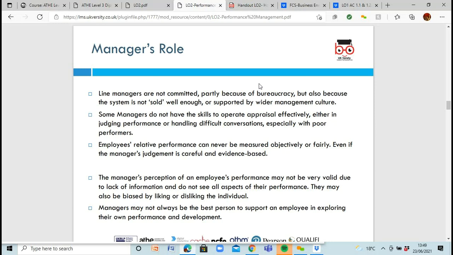So it really is something that even managers need to be trained in, and how to carry out performance appraisals, because you might be good at judging performance, but then you might not be good at handling any issues where maybe you have to say to someone, if you don't improve your performance, you're going to be put on a performance plan.